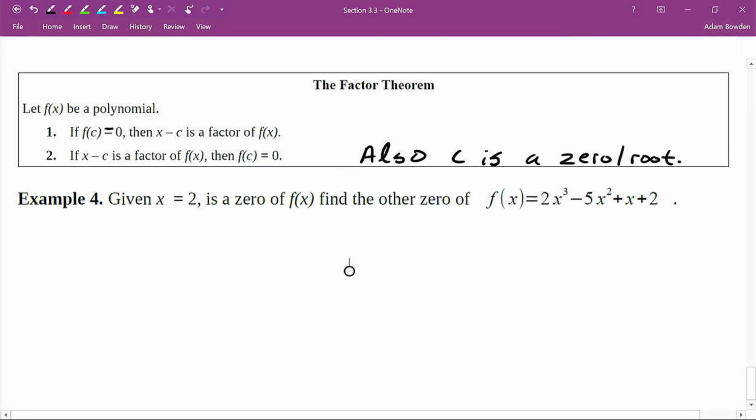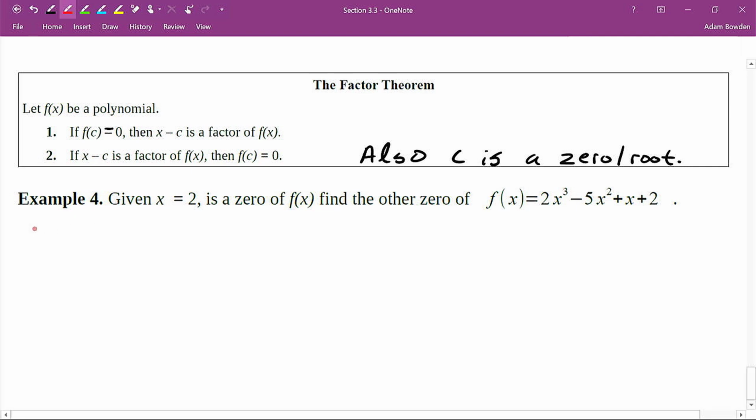So here's an example in particular where we leverage this factor theorem. It says given x equals 2 is a 0 of f of x, find the other zeros of f of x equals 2x cubed minus 5x squared plus x plus 2.